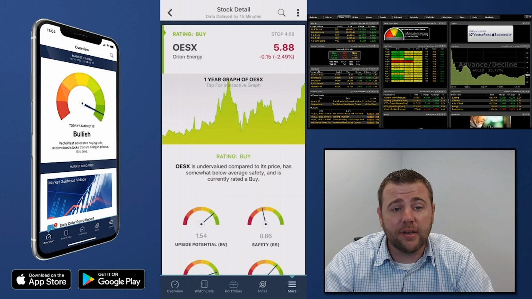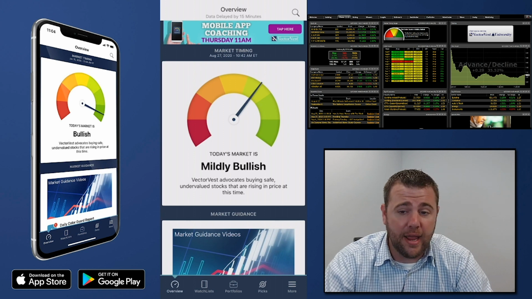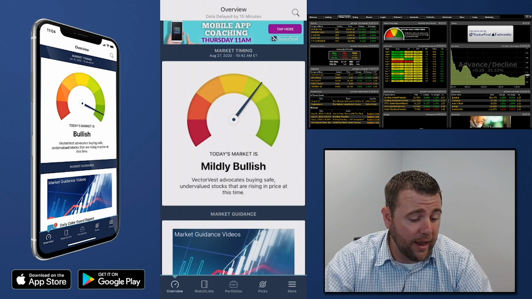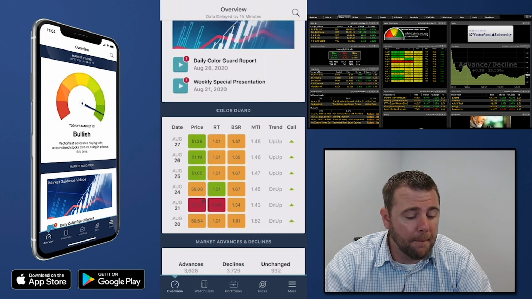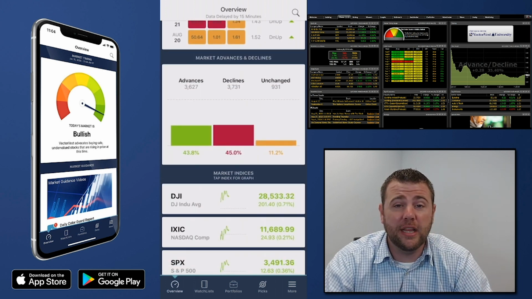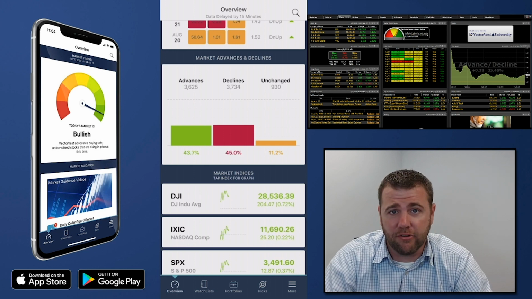All right, so to answer that question for Mike, what I was saying is, yeah, we have one green light. It's saying it advocates buying safe, undervalued stocks that are rising in price at this time. But we come down here and look at the advances to declines for confirmation. We like to see a 2-to-1 bias in either direction.